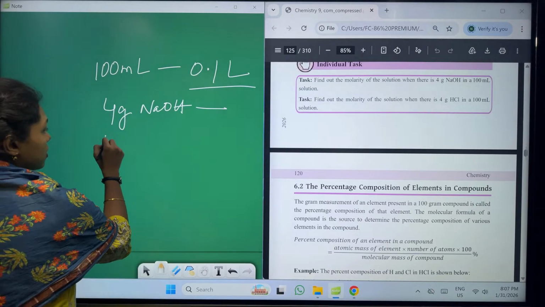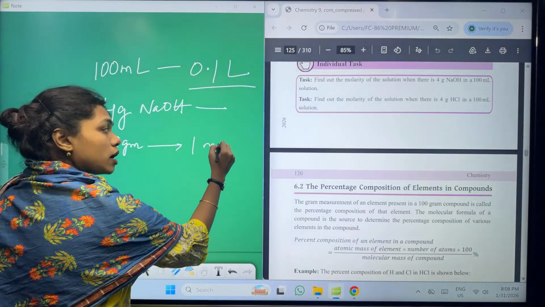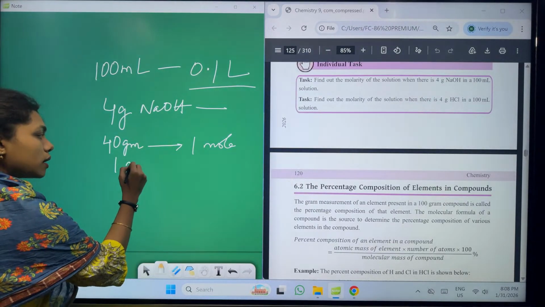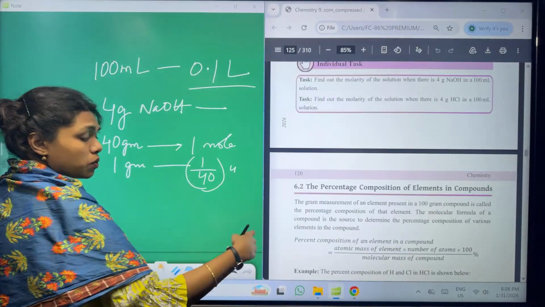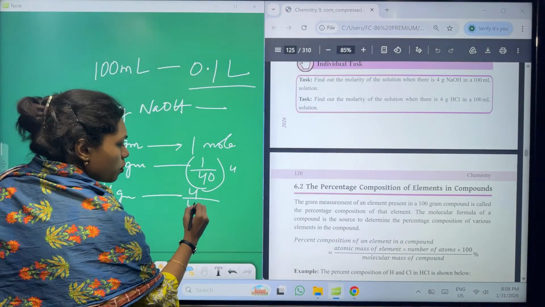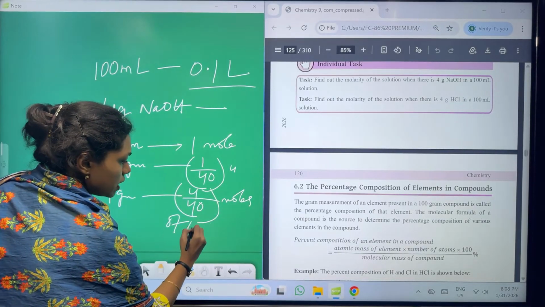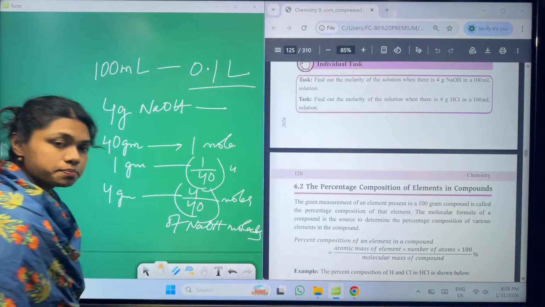So if 40 grams is the mass of 1 mole of NaOH molecules, therefore 1 gram is the mass of 1 by 40 moles of NaOH molecules. Therefore 4 grams is the mass of 4 by 40 moles of NaOH molecules. Is that understandable?